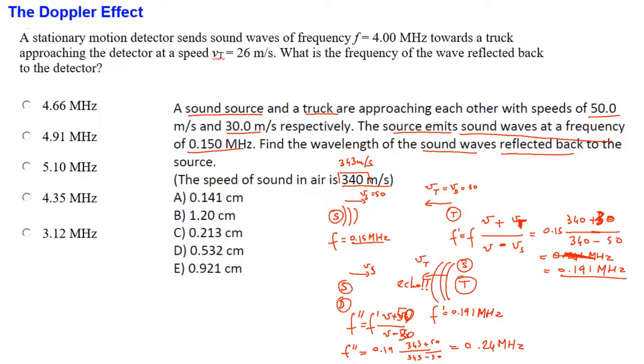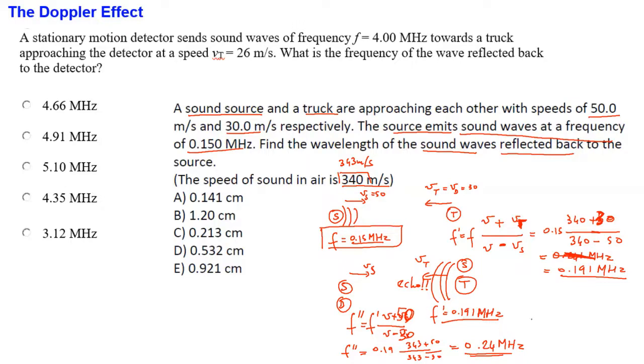Okay. So this is the frequency of the wave reflected back to the source. The original frequency was 0.15. The track in this condition will hear 0.19, and then it will reflect it back to the source, which will now become a detector, and now the source will hear a frequency of 0.24 megahertz.